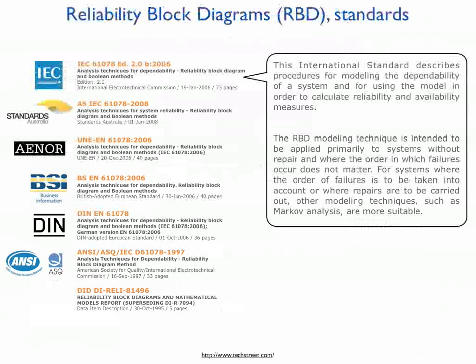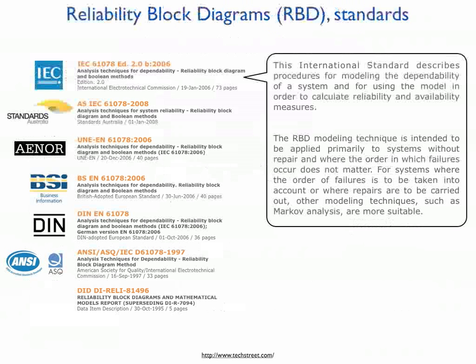Well, the leading standard for reliability block diagrams is IEC, International Electrotechnical Commission, IEC 61078. It describes how this reliability block diagram has to be drawn, how we attach the reliabilities, and how we can compute the reliability of the entire system after all.